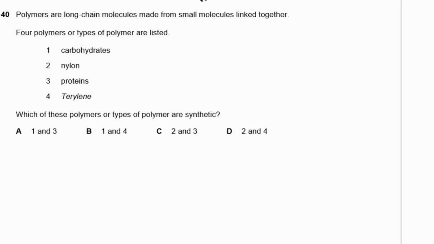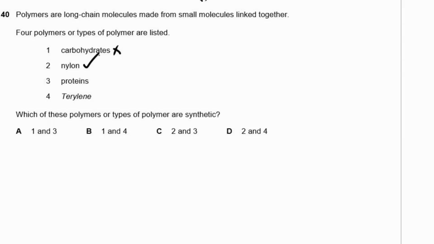Question 40. Polymers are long chain molecules made from small molecules linked together. 4 polymers, or types of polymer, are listed: carbohydrates, nylon, proteins, and polythene. Which of these polymers or types of polymers are synthetic? So carbohydrates, those are things like starches. Okay, so starches are natural, they're not synthetic.